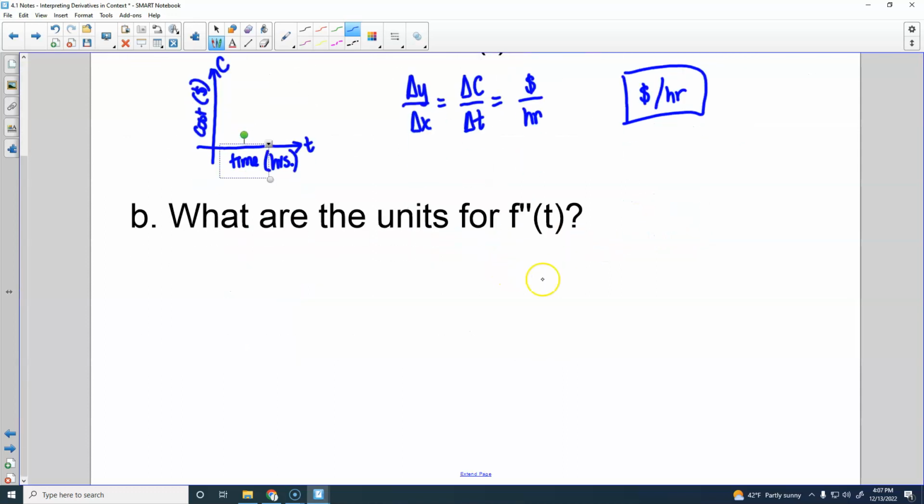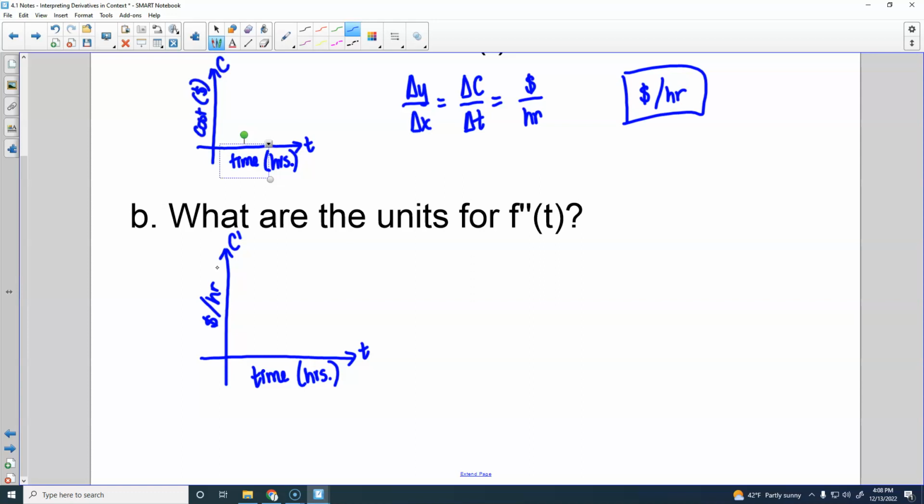The second part asks us about the units for f double prime of t. So when we're thinking about the second derivative here, the x-axis doesn't change. It's still time in hours. Here, the y-axis is now c prime, which we said is measured in dollars per hour. Right? That's what our answer for the last problem was.